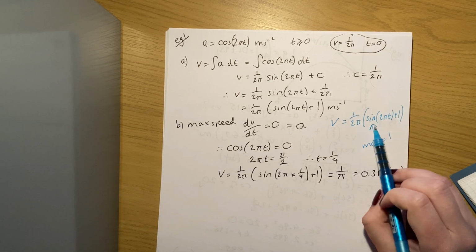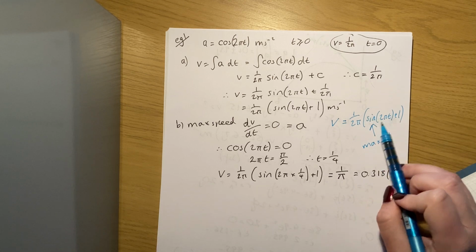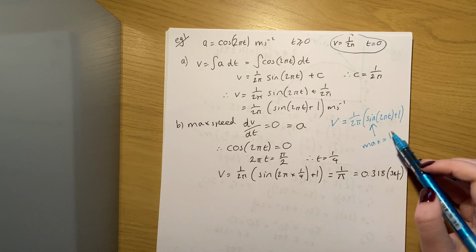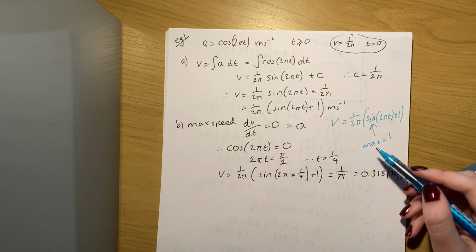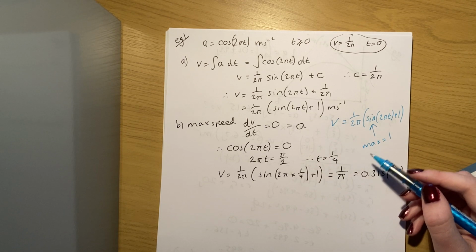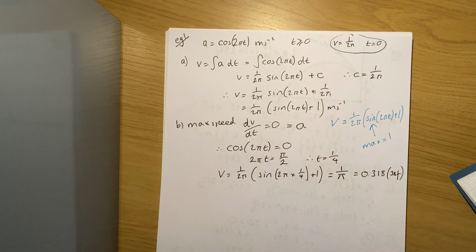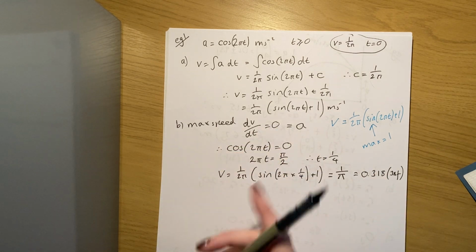So this, when it's at its maximum, is 1. 1 plus 1 is 2. 1 over 2 pi times 2 is 1 over pi. So you could have thought about it in that way as well, but my natural instinct was to do it this way. So both work, depending on how you want to work it out, basically.